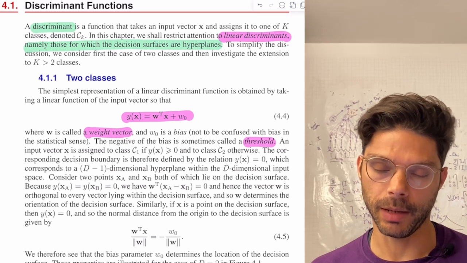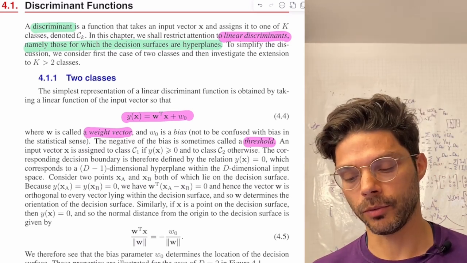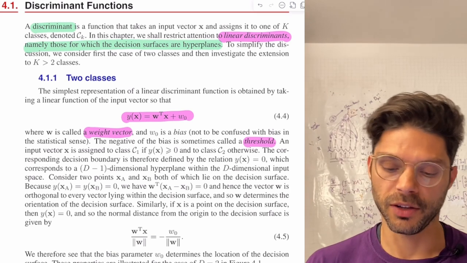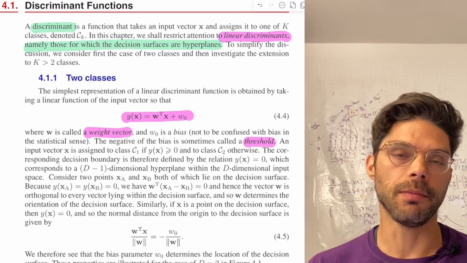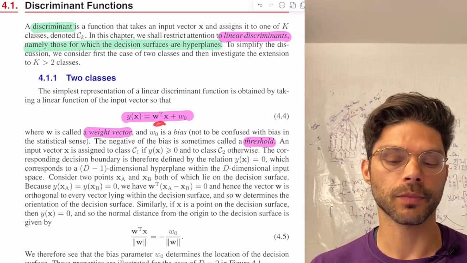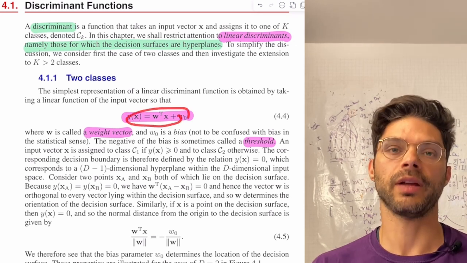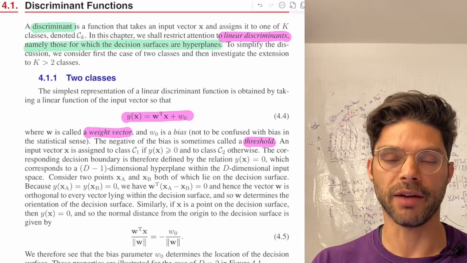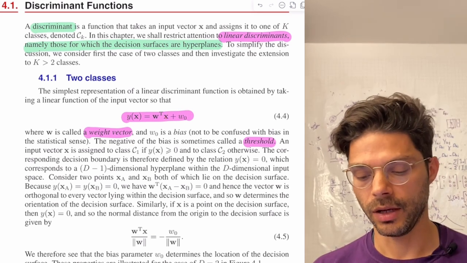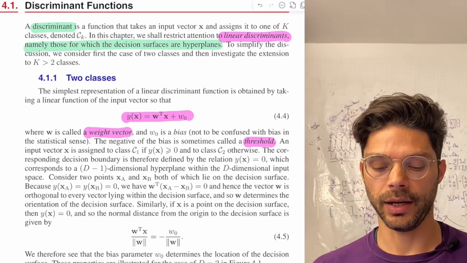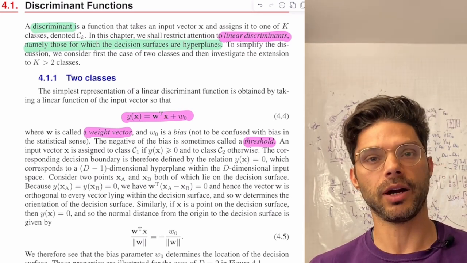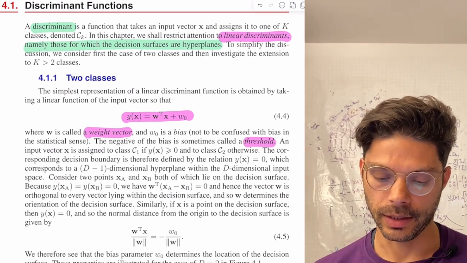Another way of thinking about it, maybe a little bit more intuitive in some sense: if you know D-1 of the values of x, then the fact that y(x) is equal to 0 tells you the Dth value, right? You have to set it so that the Dth value is what it is, and so you actually have D-1 free variables there, not D.